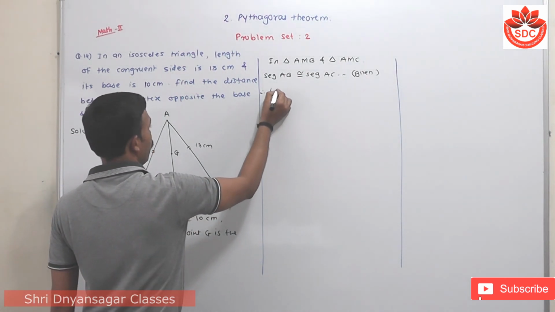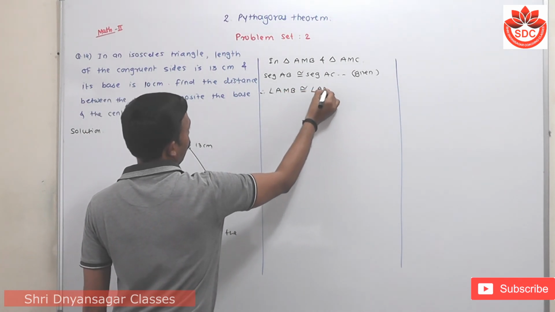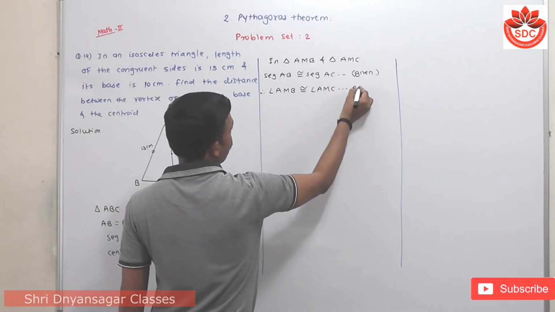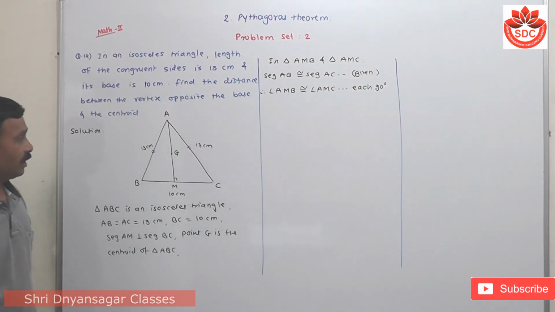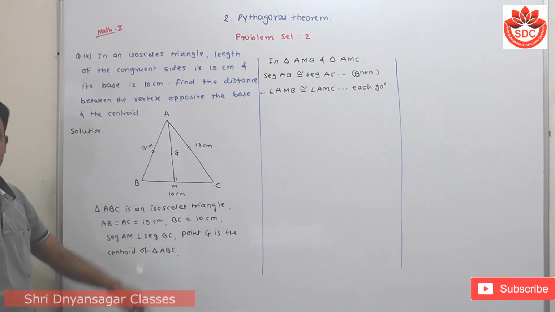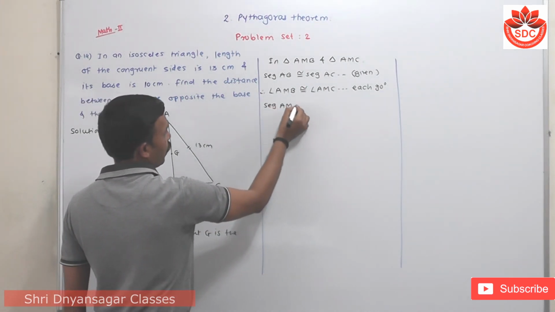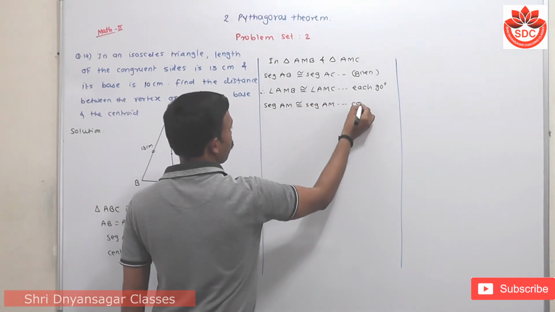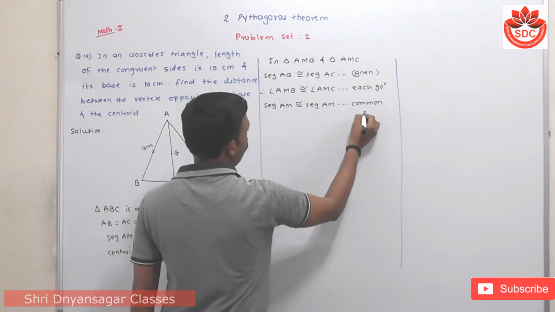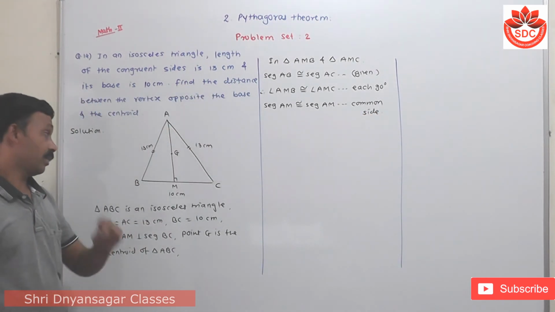So angle AMB is congruent with angle AMC because each is 90 degrees. Then the third one: segment AM is congruent with segment AM because it is a common side. Then these two triangles are congruent by which test?